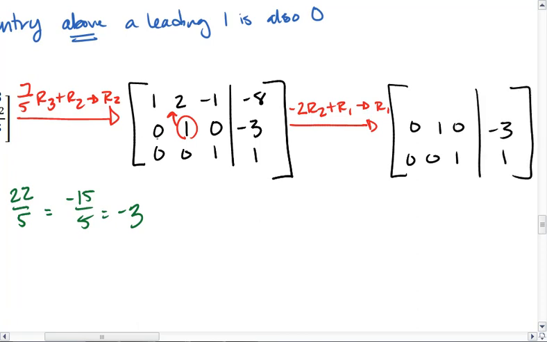I take 0 times negative 2 is 0, so that doesn't change anything. 1 times negative 2 is negative 2, plus 2 is 0. 0 times negative 2 is 0, plus negative 1 is negative 1. That doesn't change anything. And negative 3 times negative 2 is a positive 6, plus negative 8 is negative 2.